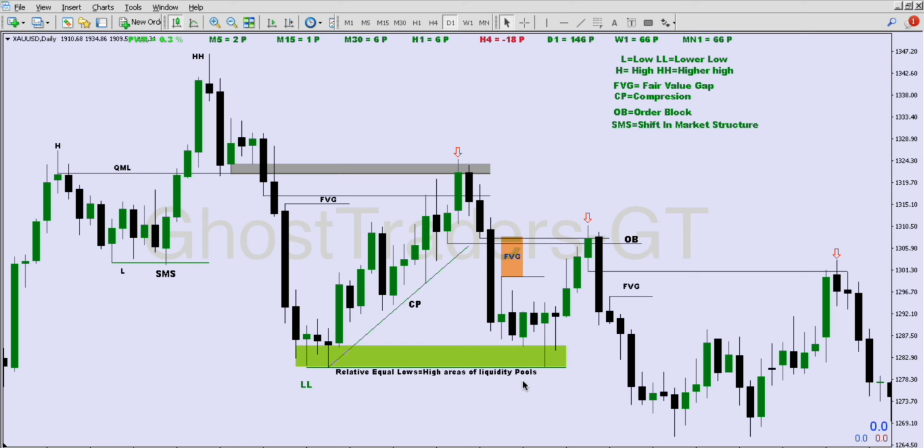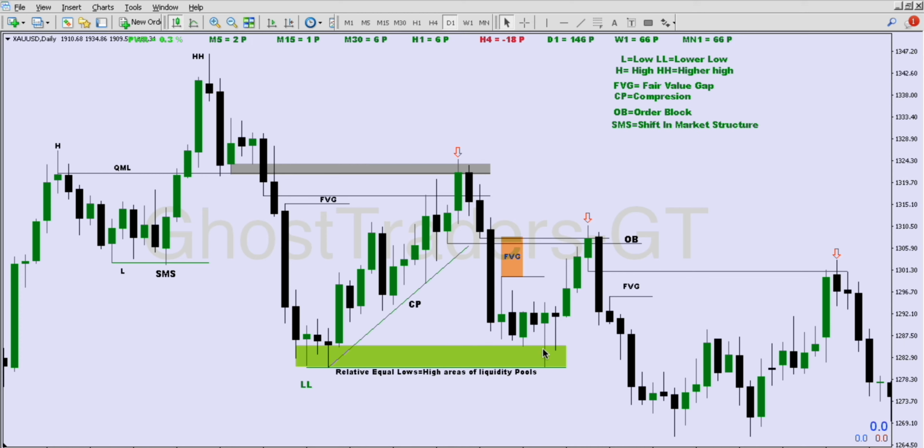That's why we say it's an area of high liquidity pools, and the more equal highs you have, the more liquidity pools there are. We believe in support and resistance as retail traders, so most traders are comfortable putting their stop loss here, believing that this is an area of high resistance.